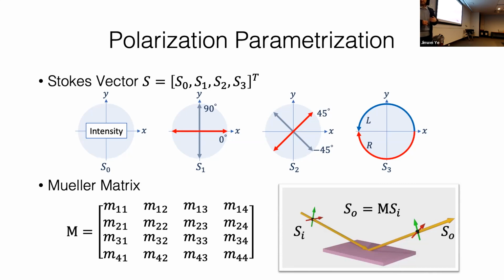So that is our representation for the polarized light. We use the Stokes vector for that. If we use the Stokes vector for representing the polarization, then the reflectance of polarized light can be represented by the Mueller matrix, which is a 4x4 matrix that can be used for transforming one Stokes vector to another one. So in the polarized light case, the polarimetric BRDF is represented by this Mueller matrix, a 4x4 matrix.